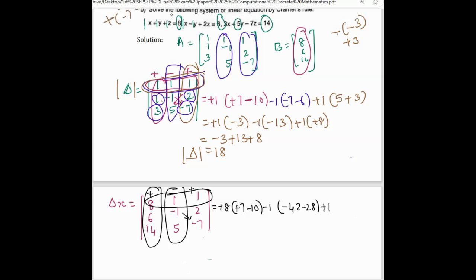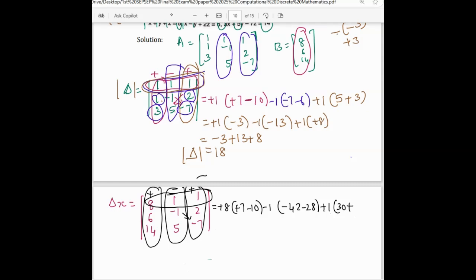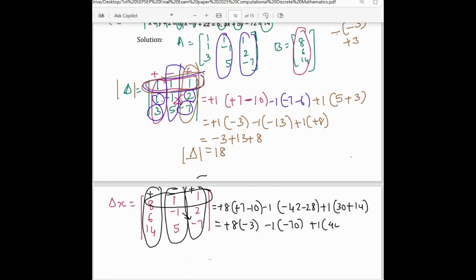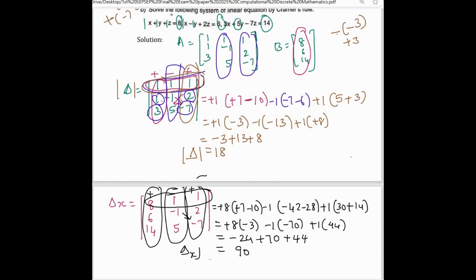Then plus 1 into, if you take the third one, you get 6 5s are 30, then minus and minus become plus, 14 into 1 is 14. Then it is plus 8 into minus 3, minus 1 into minus 70, plus 1 into 44. So it is minus 24 plus 70 plus 44. So it will be 90 if you simplify. So the delta x value is 90.